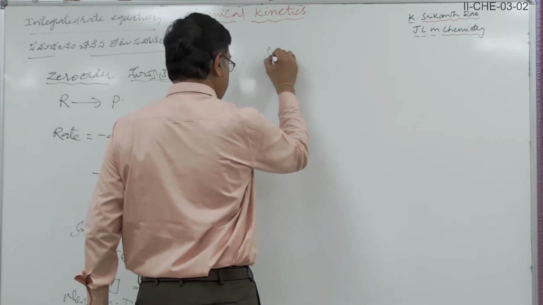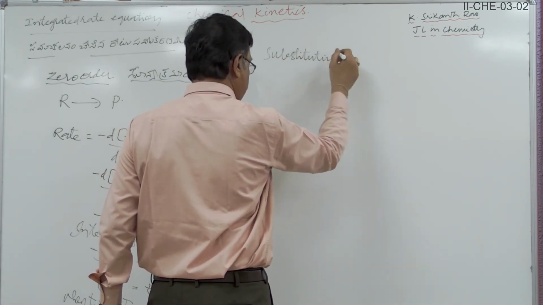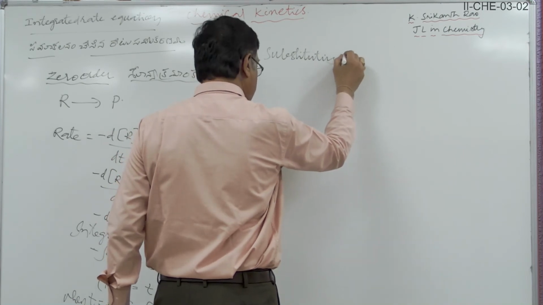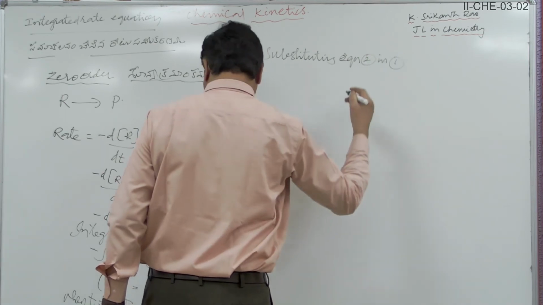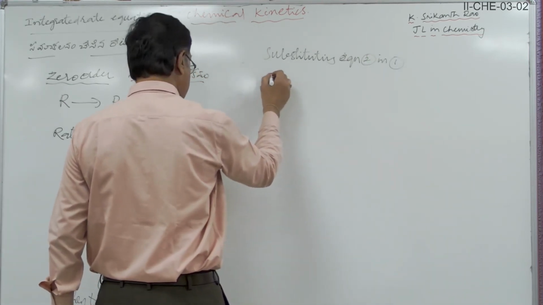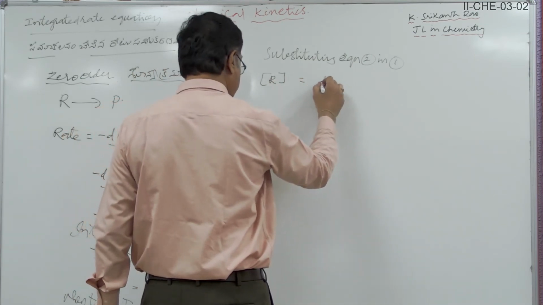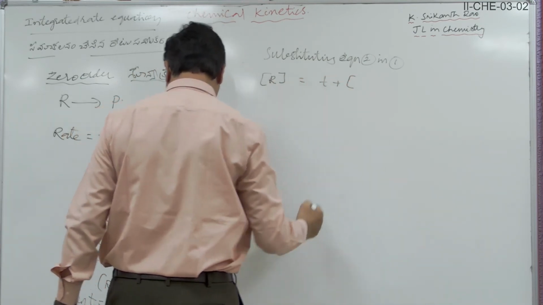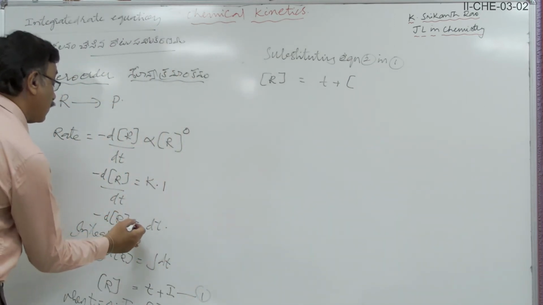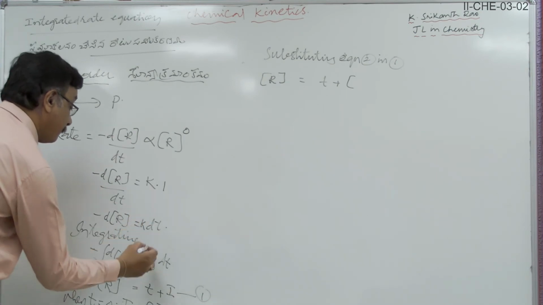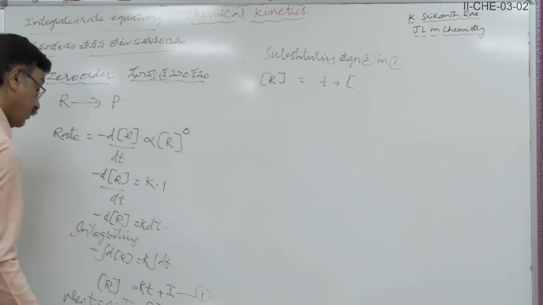Substituting equation 2 in 1, right? So minus R equal to kt plus I. proportionality constant వస్తుంది ఇక్కడ k లాగా ఉంటుంది kt, right?